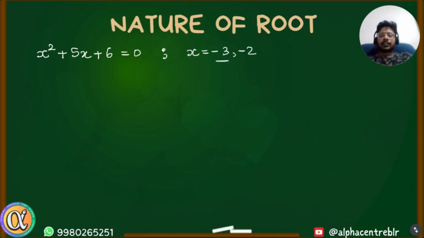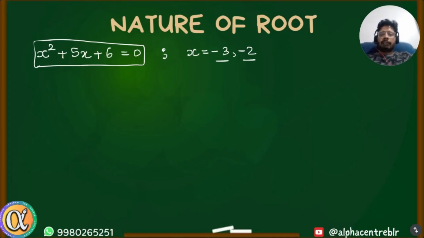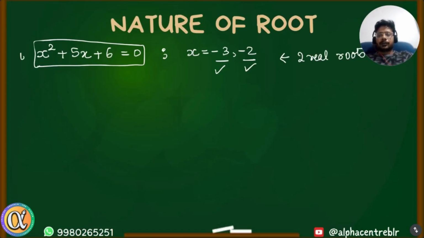And for both these cases, when you checked, you got the whole thing as 0. Means this condition got satisfied. Therefore, this quadratic equation has two roots, or you can say two real roots. Am I clear? Yes.